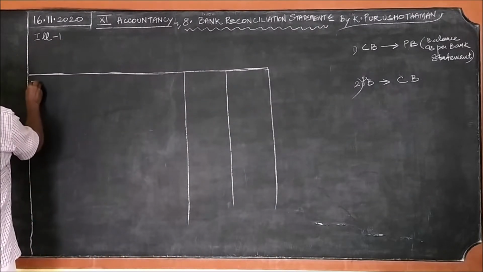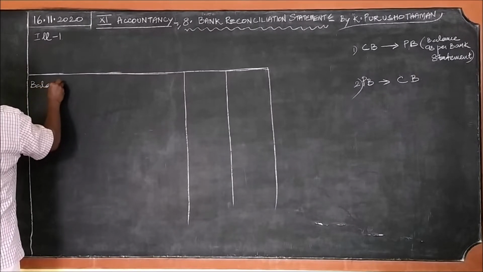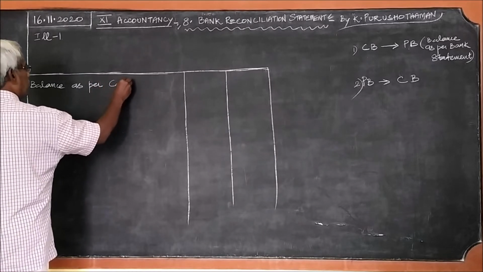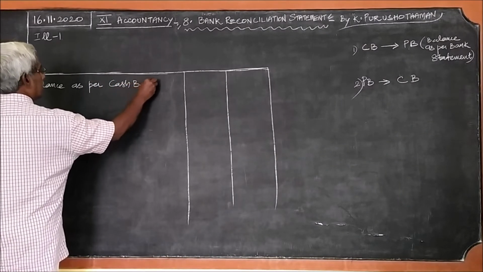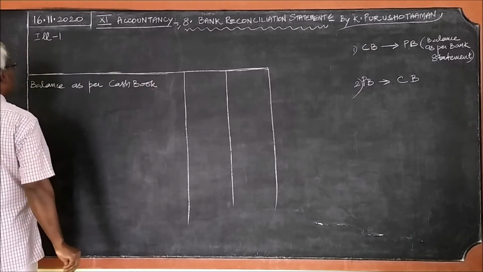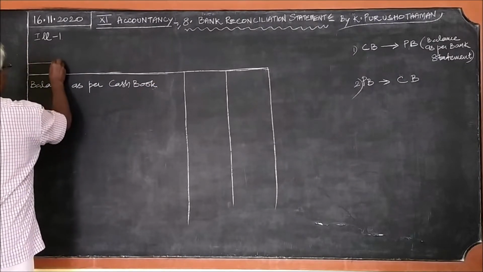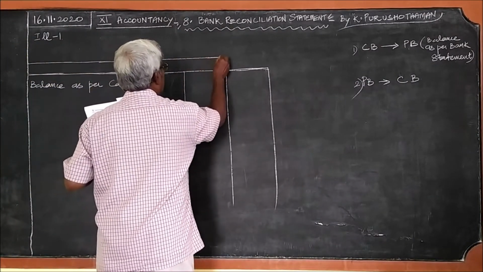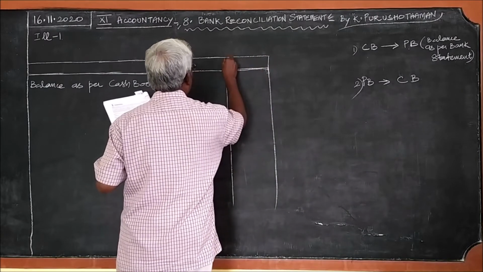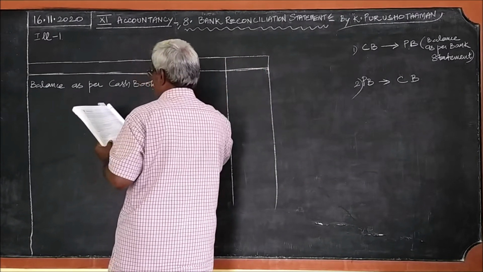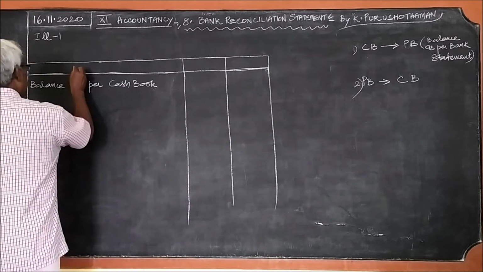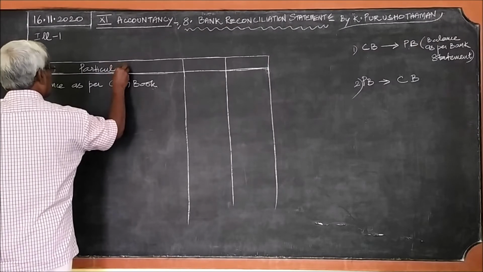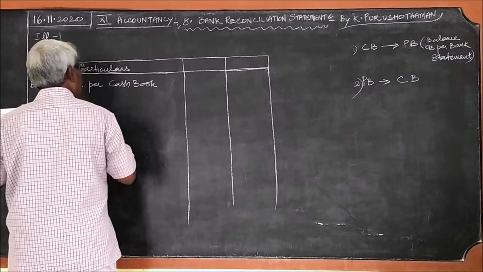Balance as per cash book. This is particulars. Amount rupees.